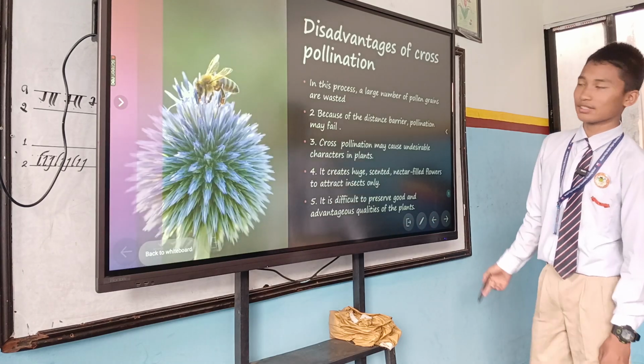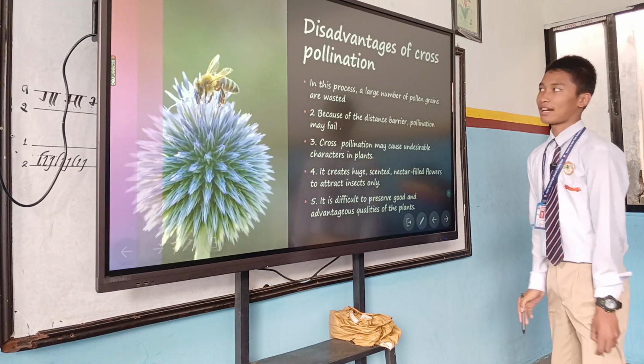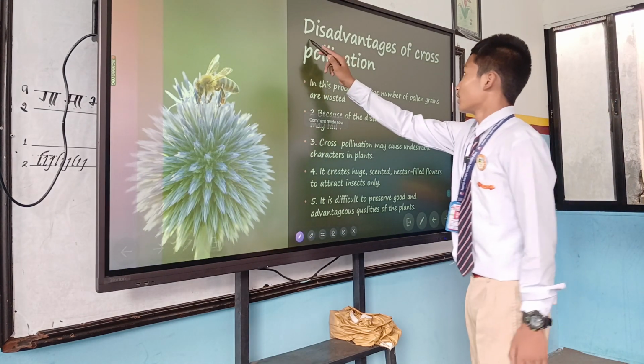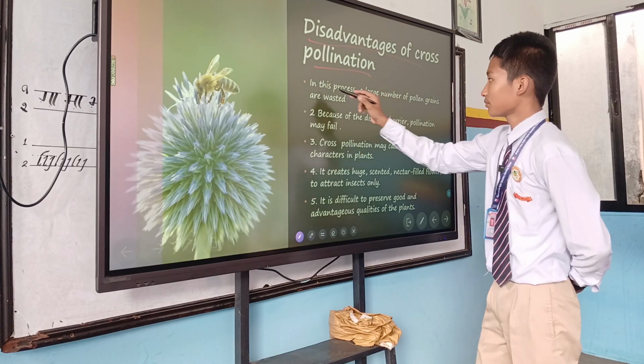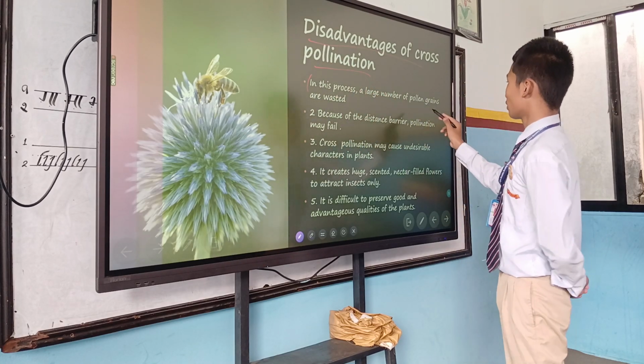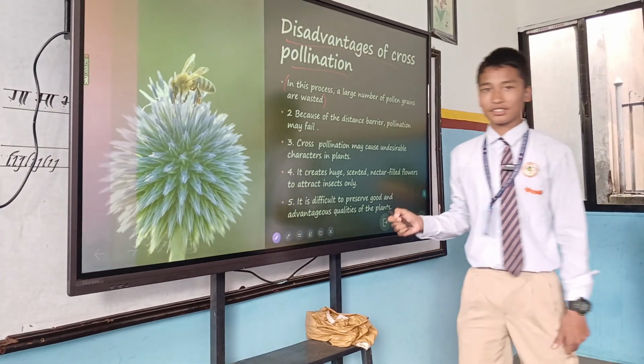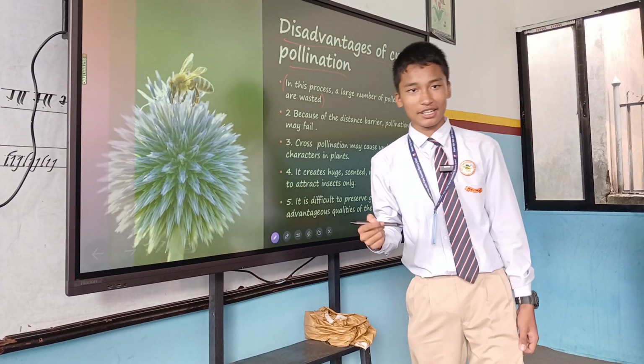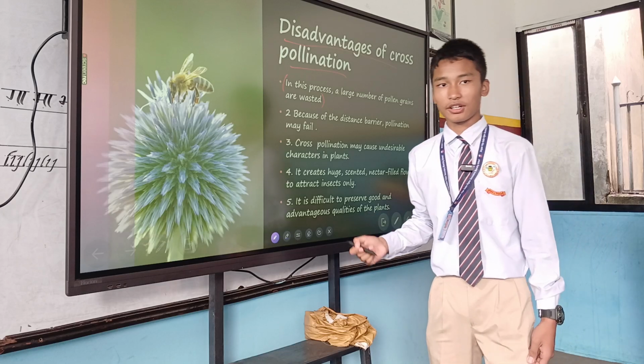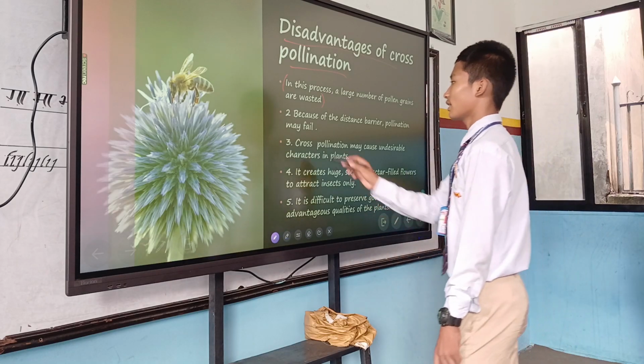These are the advantages. Now let's move on to the disadvantages of cross pollination. In this process, a large number of pollen grains are wasted, whereas in self-pollination only a little is wasted.